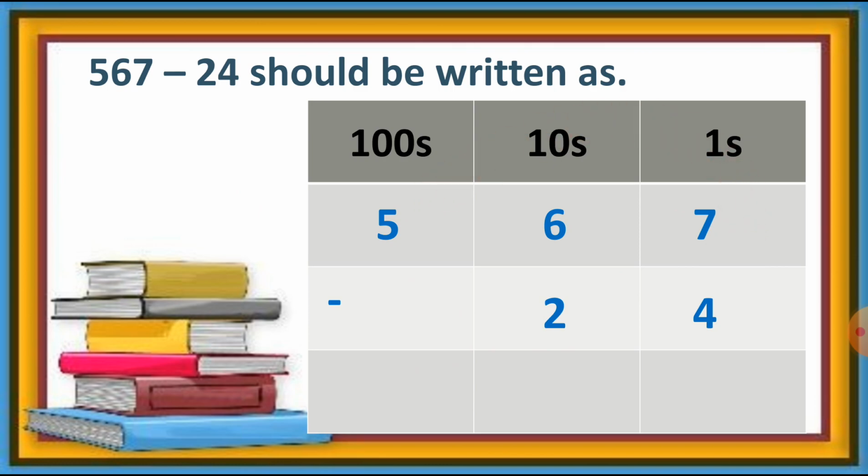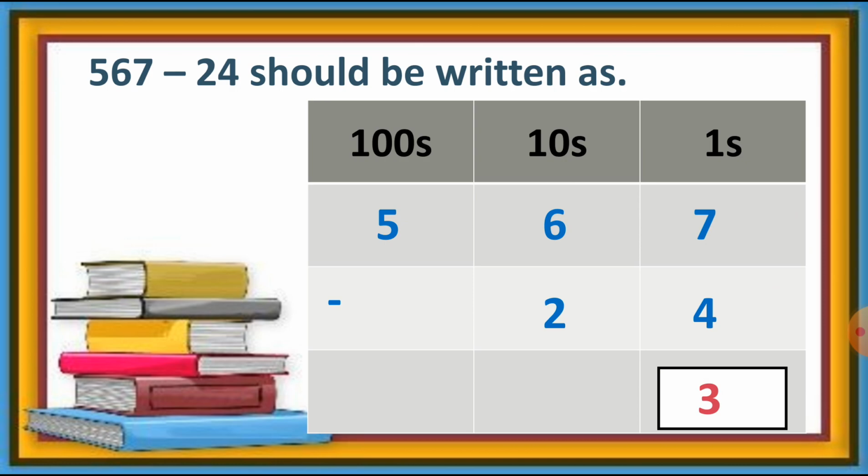This is very easy. Now this sum is very simple. We just have to solve the sum, calculate it. Always start with the ones column. 7 minus 4 is equal to 3. So the ones column is complete.